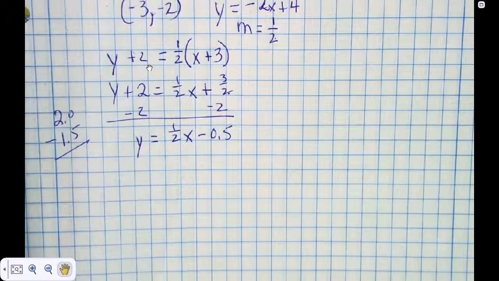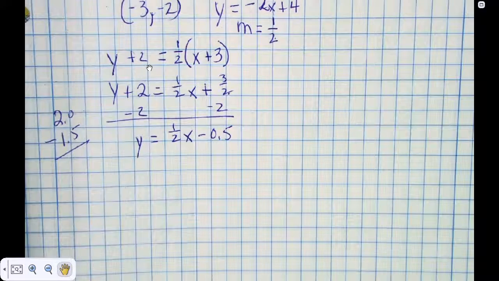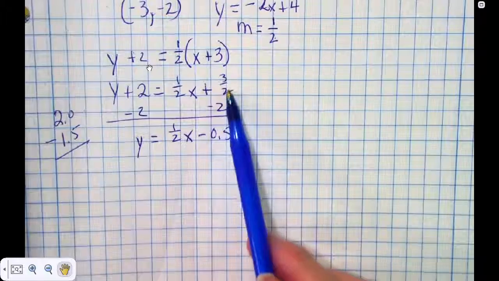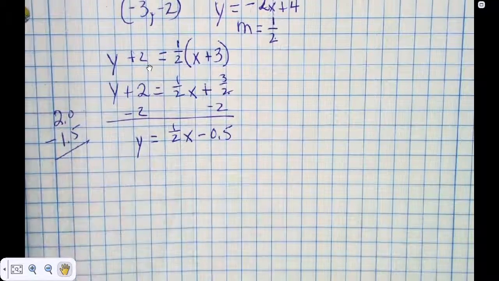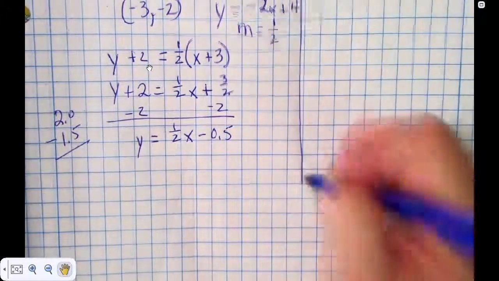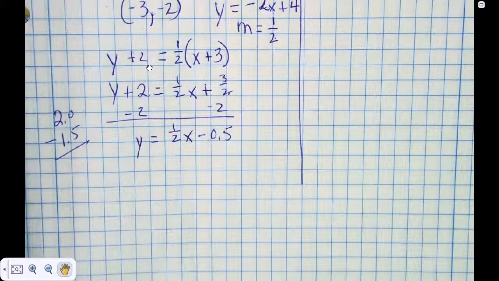Okay, on the calculator, somebody do this for me: 3 divided by 2 minus 2. Three divided by 2 minus 2. Okay, let's do another one.